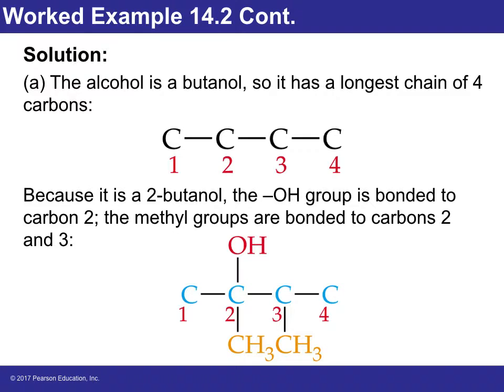Now when you see right here, if it's a butanol, it has 4 carbon atoms, 1, 2, 3, 4. If it's a 2-butanol, that means the OH group is bonded to carbon number 2, and the methyl groups have to be bonded to carbon 2 and 3. So this is how you can draw them.